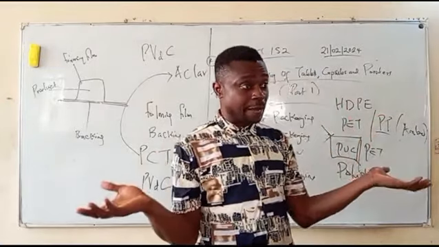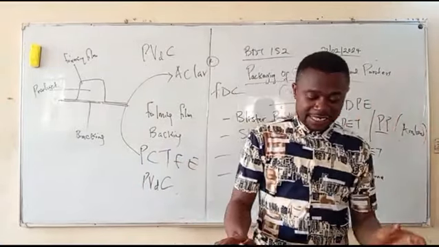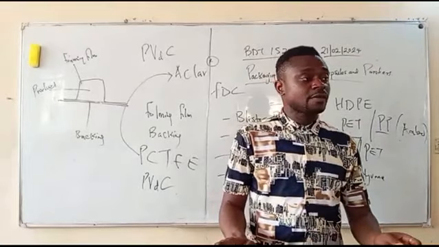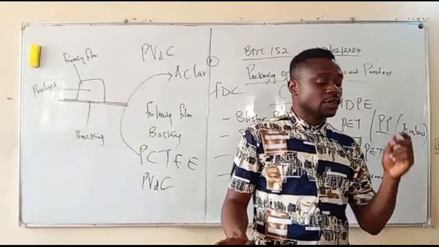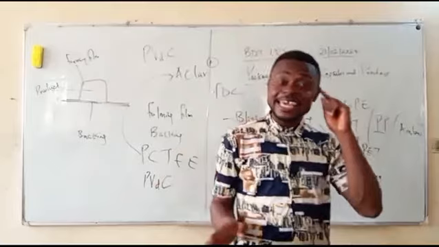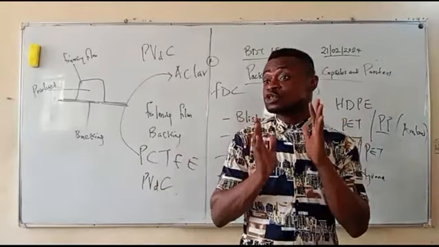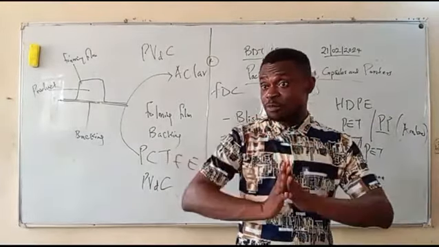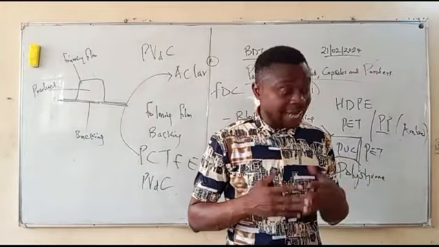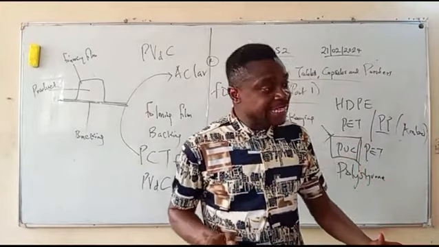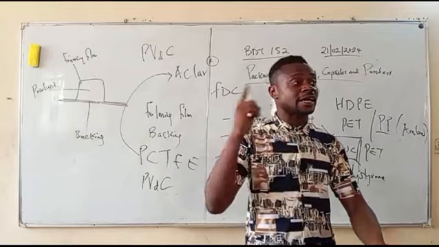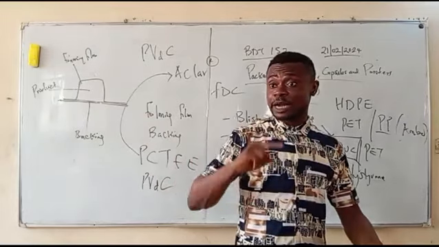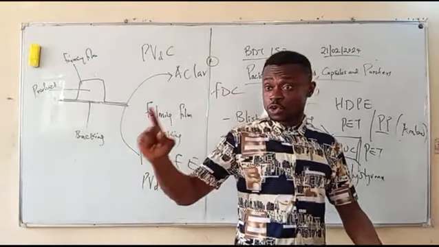So you now move to where you cut it to the desired number, depending on what you want. It is used for both capsule and tablet, right?